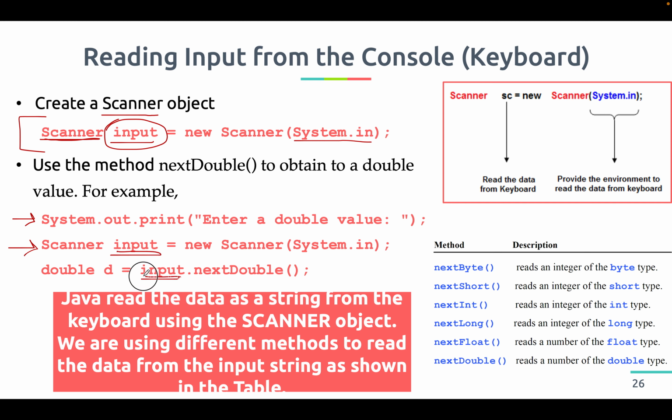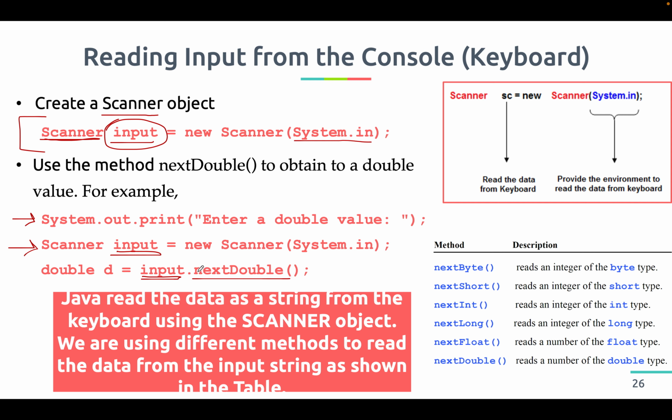Now we're going to use it, and we will select the data type that we are expecting the user to enter. If I want the user to enter a double, then I will use the input object's method that allows us to receive a double.